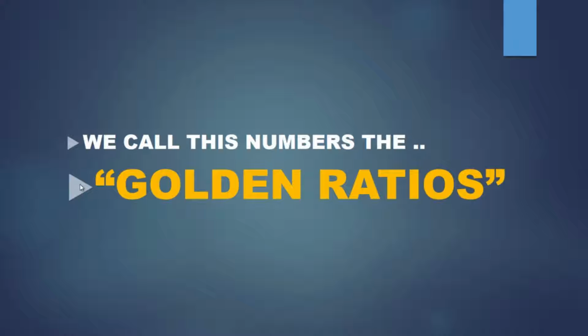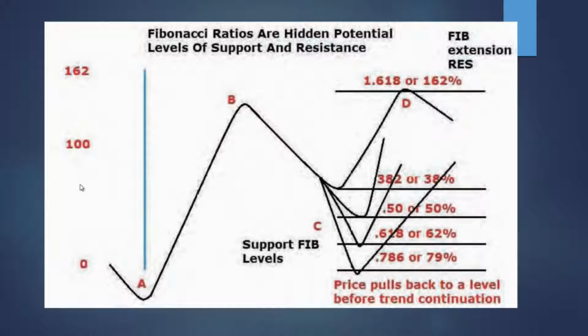Now Fibonacci ratios are actually hidden potential levels of support and resistance. By the time I pull out the tool and draw it for you, you'll see that those levels are like support and resistance. They're horizontal areas also.